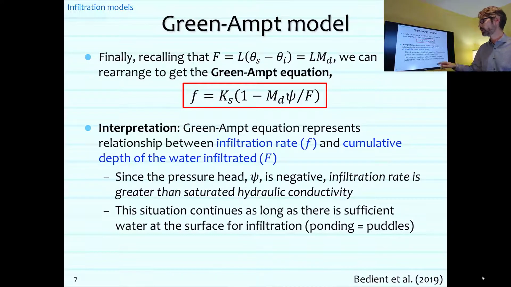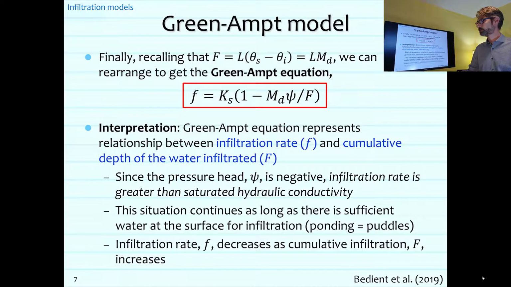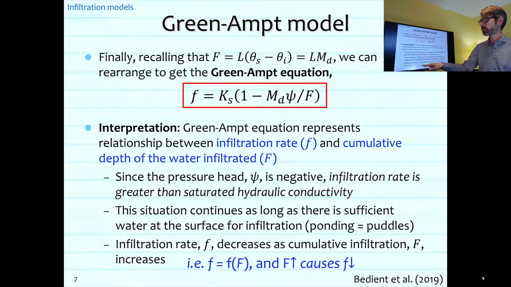And what we mean here is that we have puddles at the surface that provide water for infiltration. The infiltration rate, as I mentioned earlier, then decreases as the cumulative infiltration, capital F, increases. In other words, lowercase f is a function of capital F, and greater values of capital F mean lower values of lowercase f. This is a very important point.